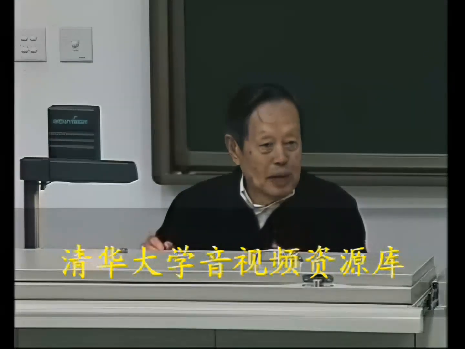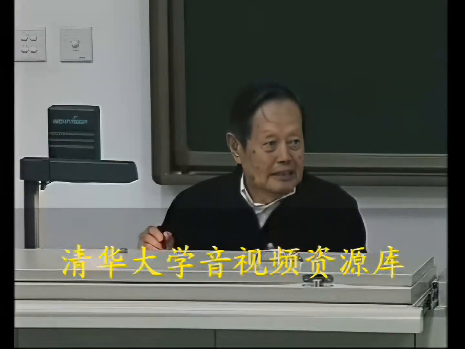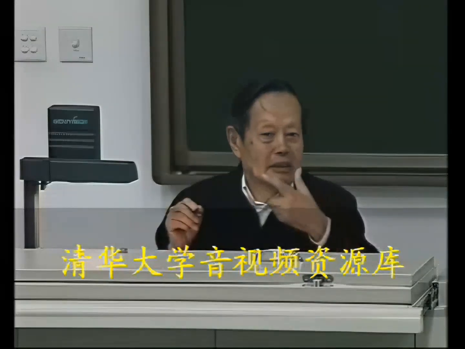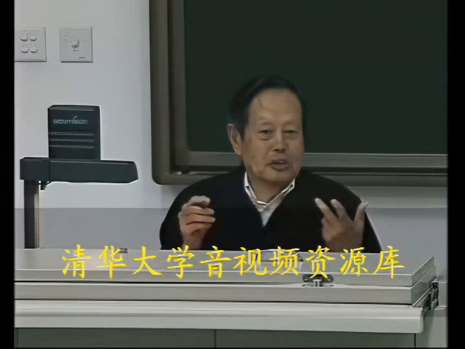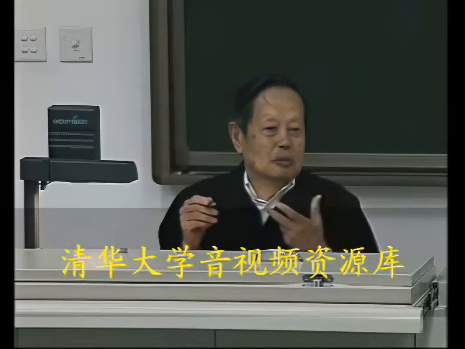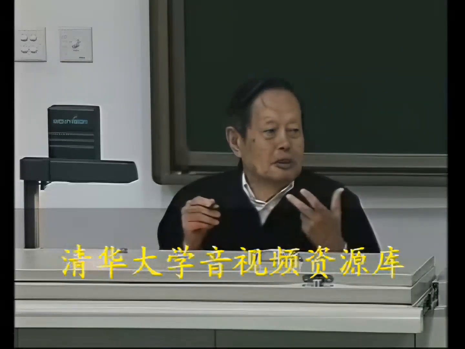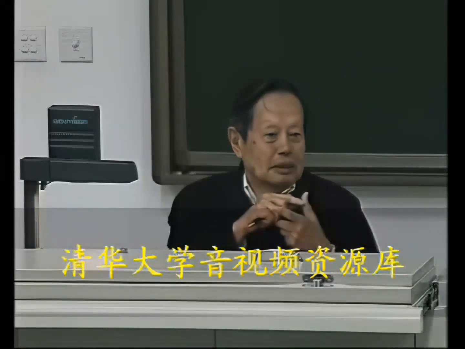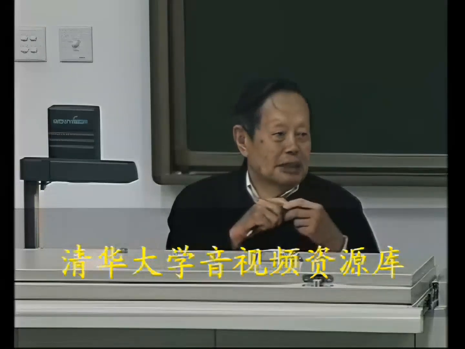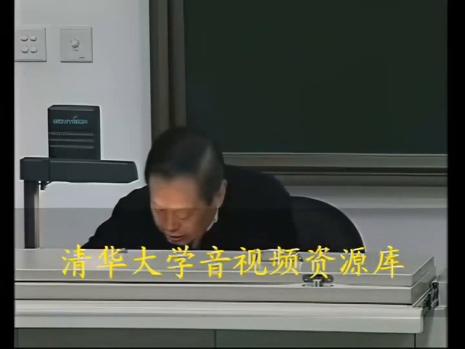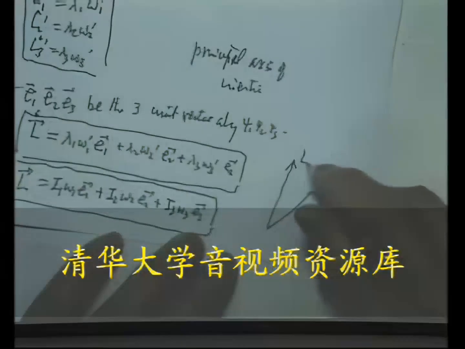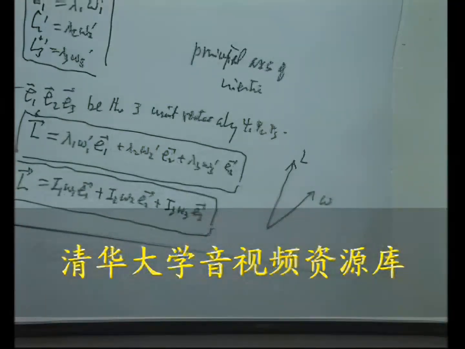If I1 is equal to I2 is equal to I3, then omega and L are parallel, because L is equal to I1 times omega. But if the three of them are not all the same, then omega is not in the same direction as L. So L would go in that direction. This is the thing which makes rotation more complicated.